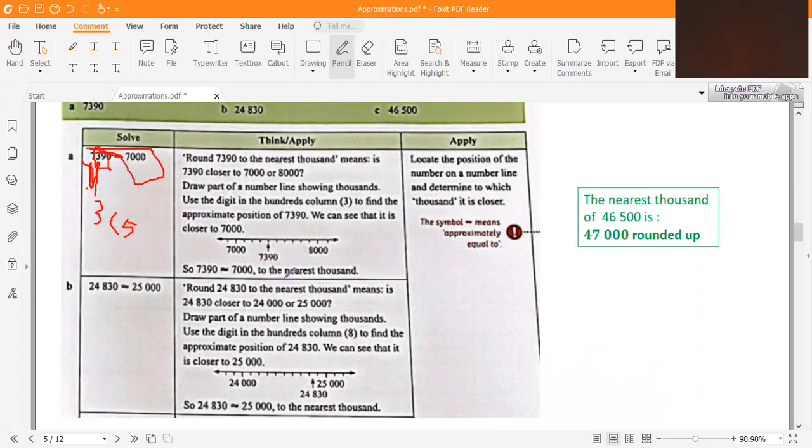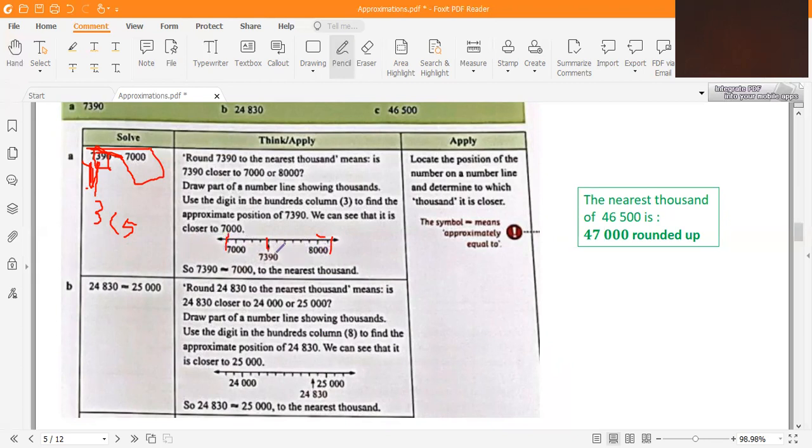What is happening? We have the number line, with the nearest thousands: the nearest thousand up is 8,000, and the one below is 7,000. We search for the position of 7,390 on this number line.